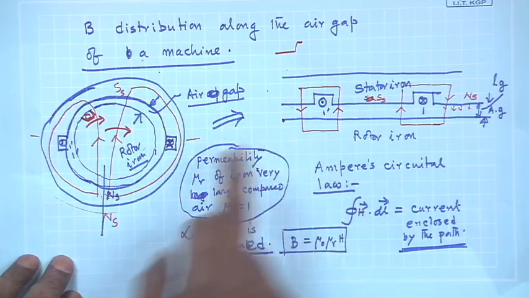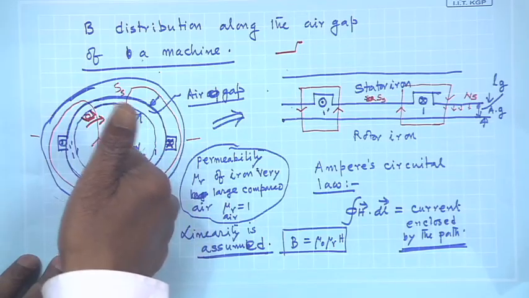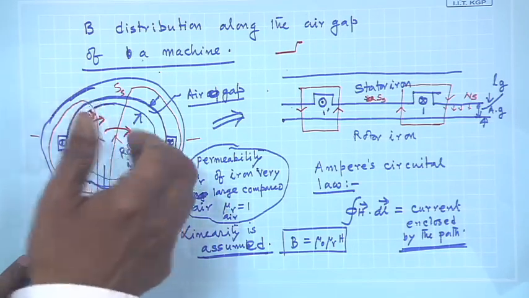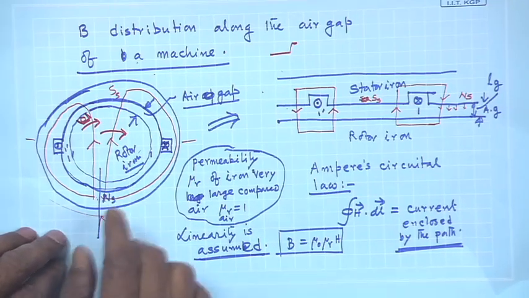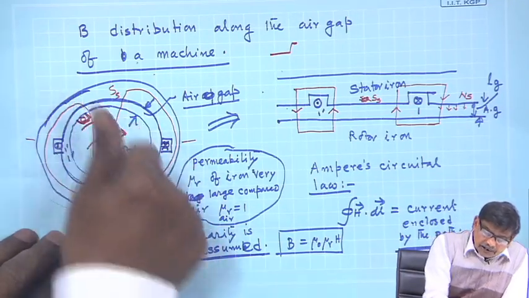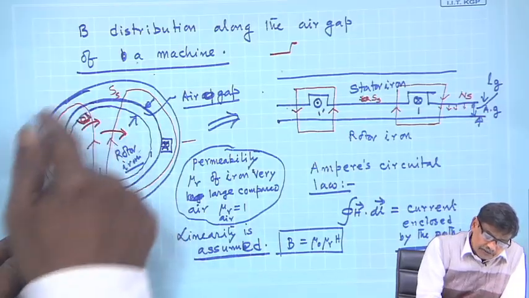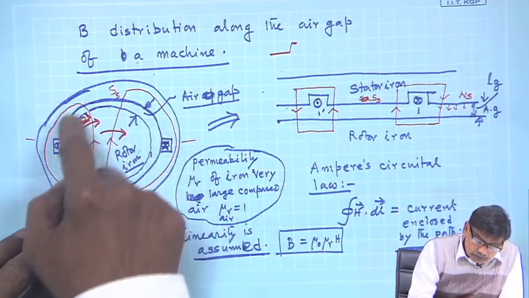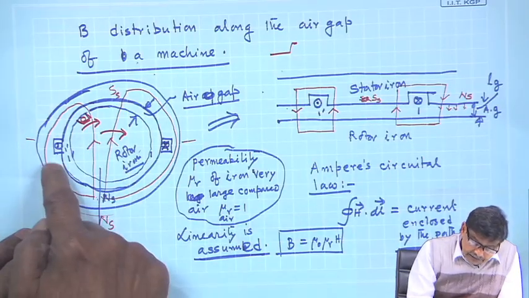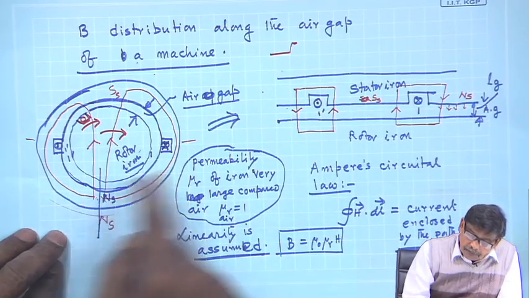That is what I told. And if you do this, these fundamental things you always apply to convince yourself what is what. For example, here the lines of force will go like this. So this stator surface will become a south pole, and the stator up here will become a north pole.